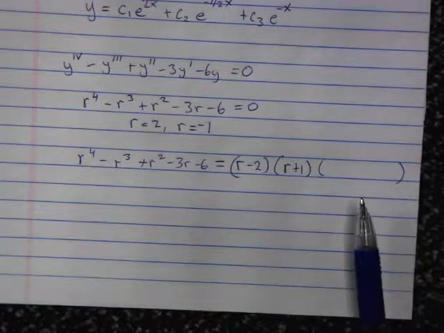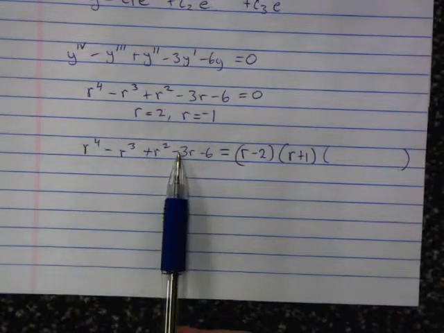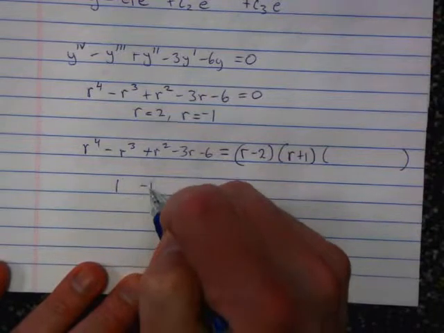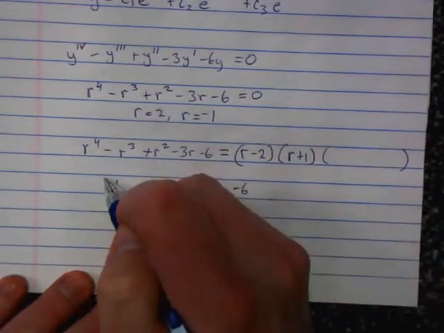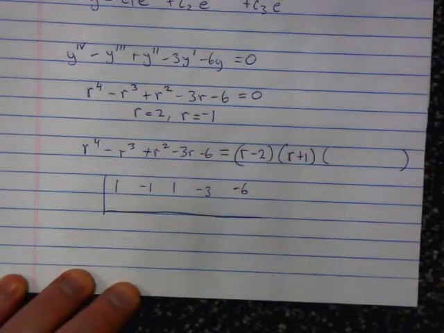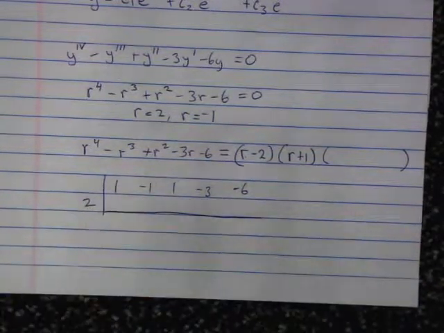Let's do that. The way synthetic division works, you write down the coefficients. So I'm going to write down 1, negative 1, 1, negative 3, negative 6. And then we draw an upside down division sign. And then since r minus 2 is an answer, we write a 2 right there.